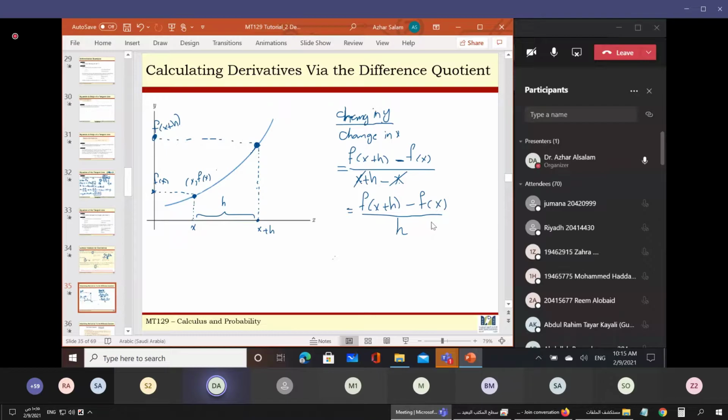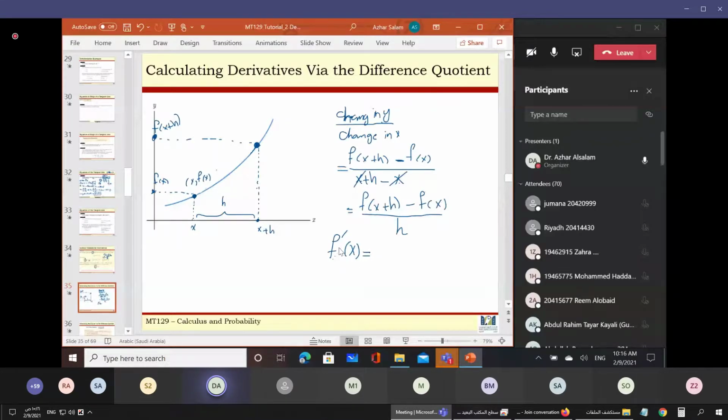This is a quotient, a division operation. This is actually the main definition of the derivative. The derivative is a rate of change. I divide the change in y over the change in x, so it's a rate of change. If I have this distance very small, even approaching 0, I will have the derivative f dash of x.